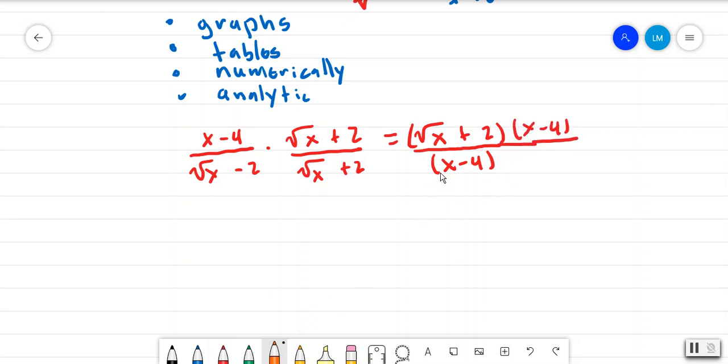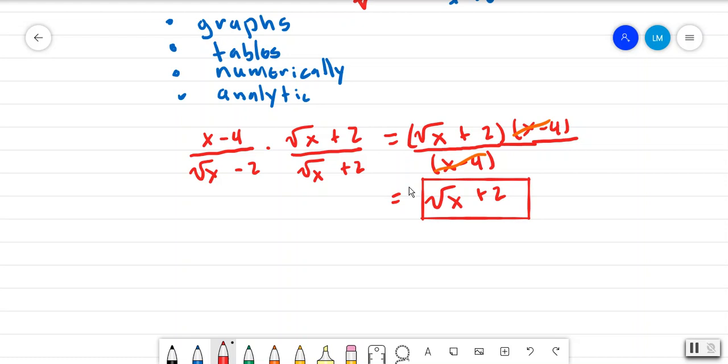That just simplifies to root x plus 2, which is way easier, to be honest, because then you can just plug in the values we were using, like 4. Notice that root 4 is 2, 2 plus 2 is 4, done. So rewriting it is actually more beneficial.